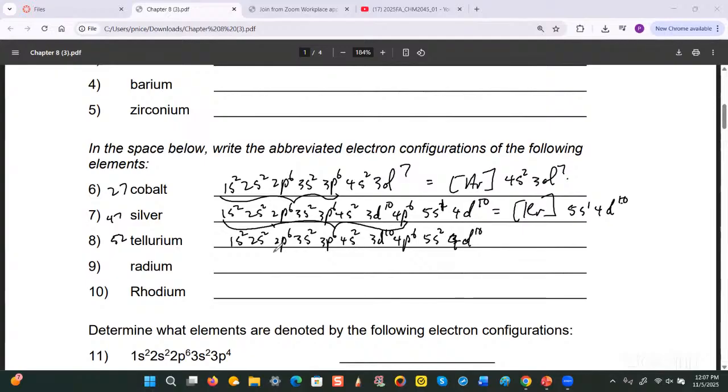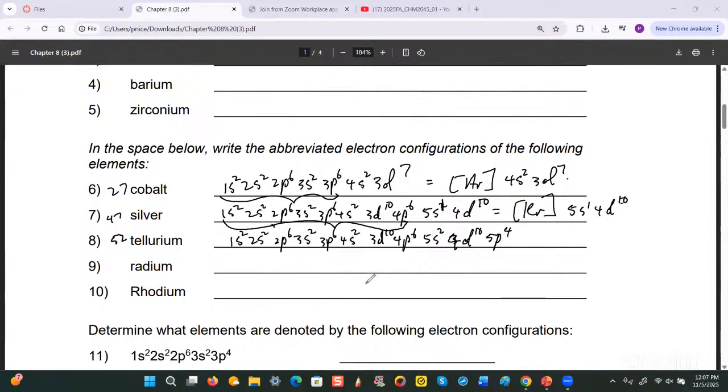So that's how much so far? 10 plus 10 plus 10, 36, 38, 48. So what comes after 4d? 5p. So 48, so we're going to need 4 here.